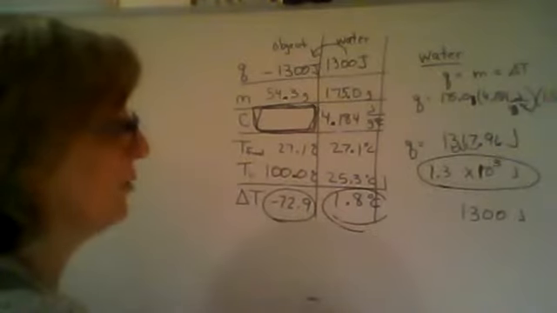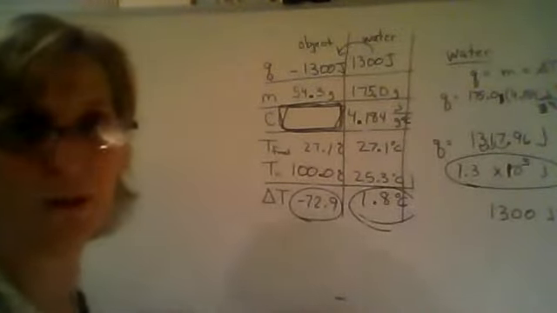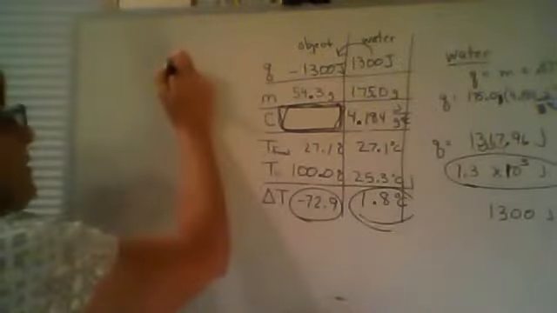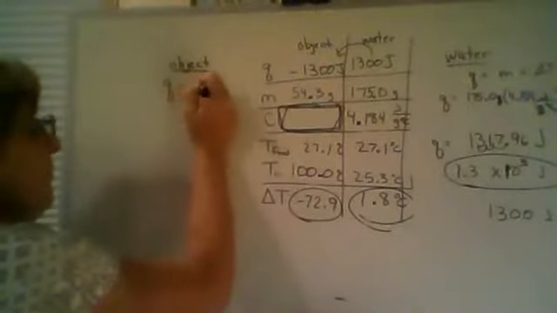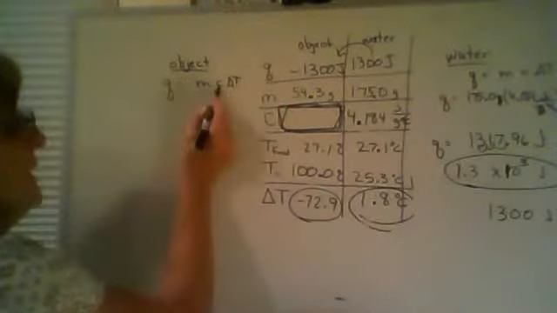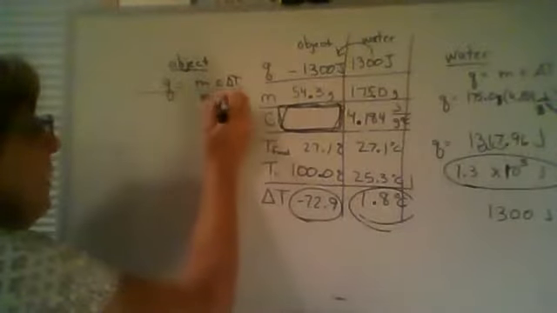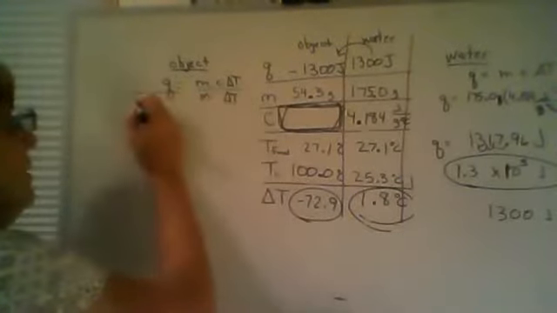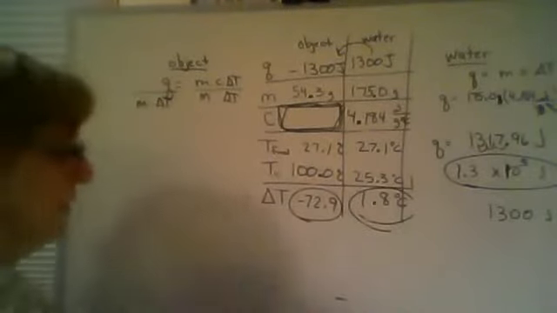Okay? Let's go back the other way. And let's do it for the object. And let's manipulate our formula. I want C by itself, so I'm going to divide by M delta T. Okay?